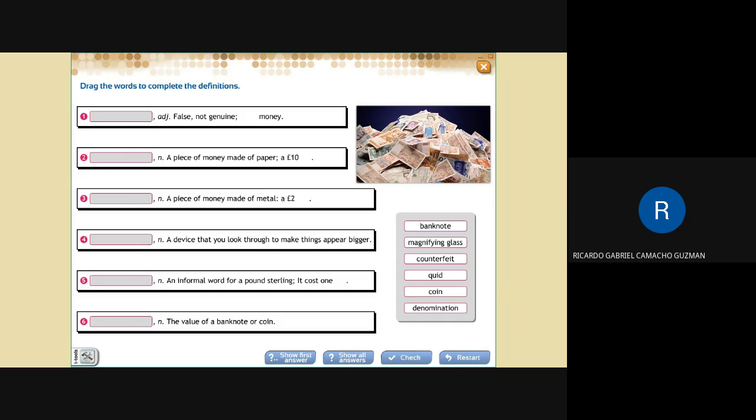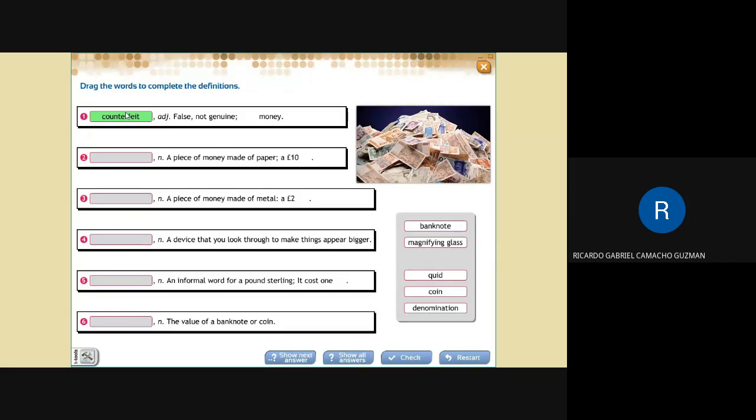All right, Cirilo, what do you think it is? I think it's counterfeit. Okay, we are going to put it: it is counterfeit, and yes, it is a counterfeit. What is a counterfeit? A counterfeit is a false kind of money.